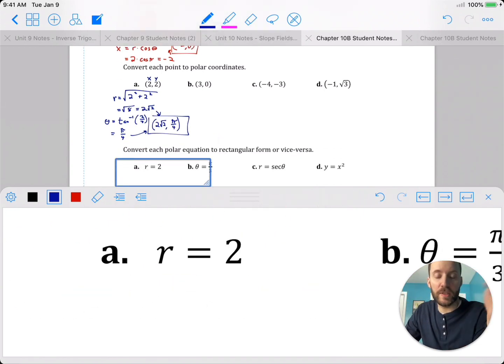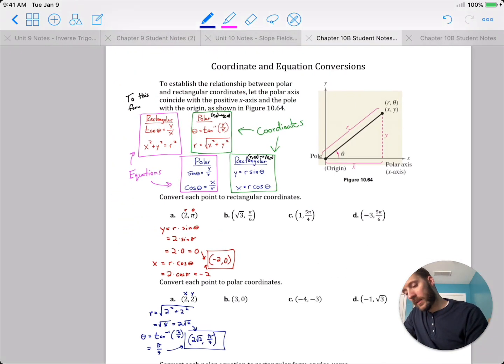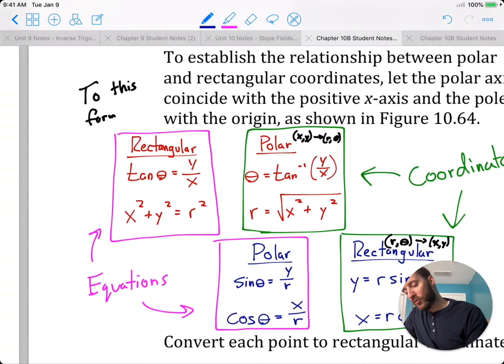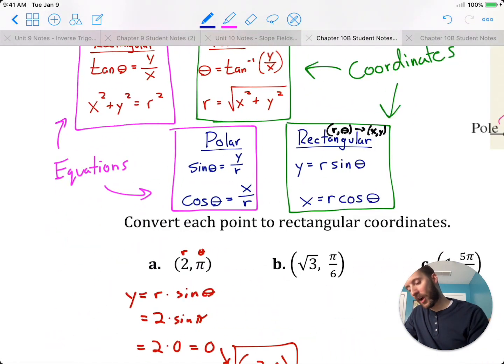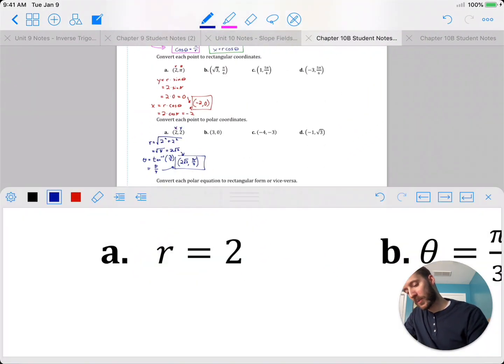Converting equations is pretty nice. Going each polar equation to rectangular or vice versa. So r equals 2 is a polar form of an equation. So going to rectangular, we have r squared equals x squared plus y squared.